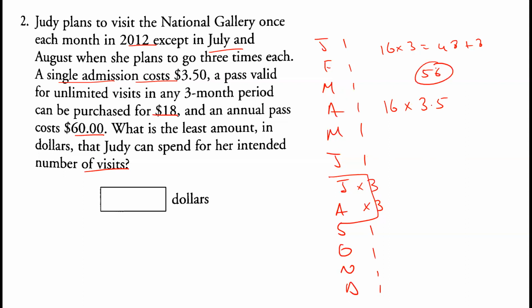So if we pay every time, we need to pay $56. So we will never buy the annual pass at $60. That option is gone.